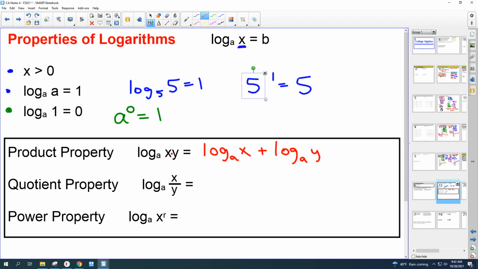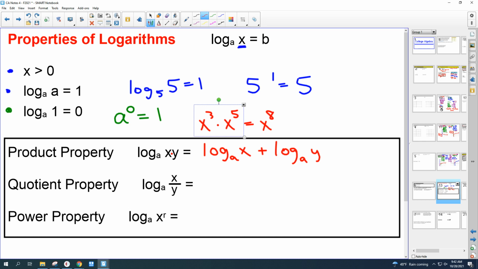It's kind of like when we had x to the third times x to the fifth. The property of exponents says that we add those exponents, and that was x to the eighth. So is it multiplication or is it addition? They're kind of linked here. So when we multiply x times y, we're adding those two logarithms.